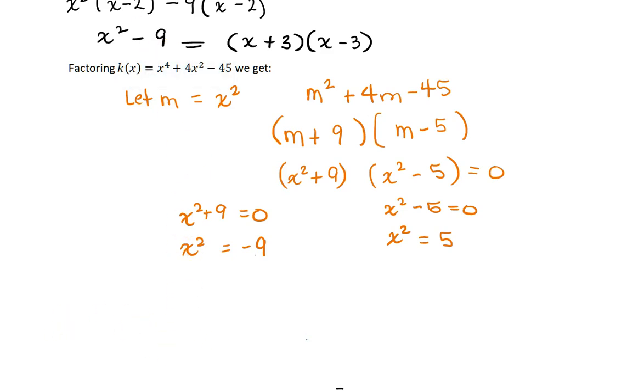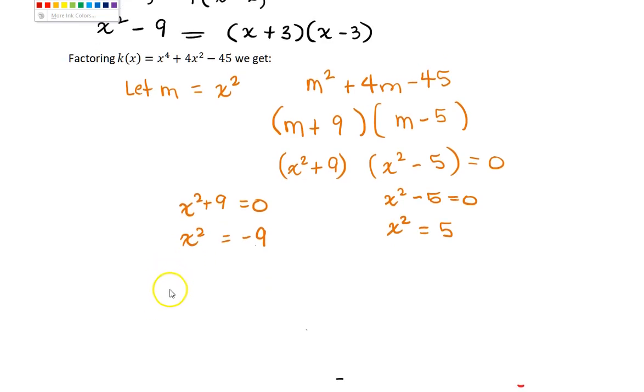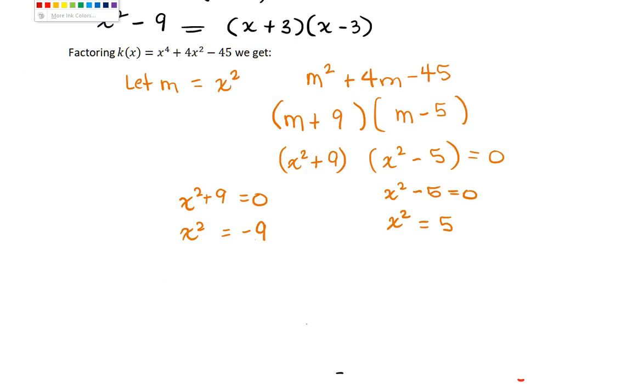We're going to take the square root of both sides. I'm going to have the square root of x squared equal to the square root of negative 9. We break that apart into its composite, and we're going to have an i in there somewhere because there's a negative under there.